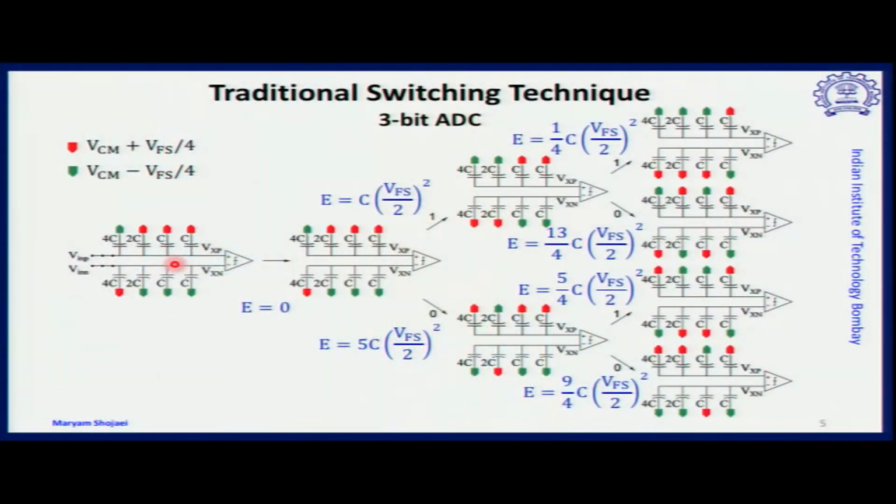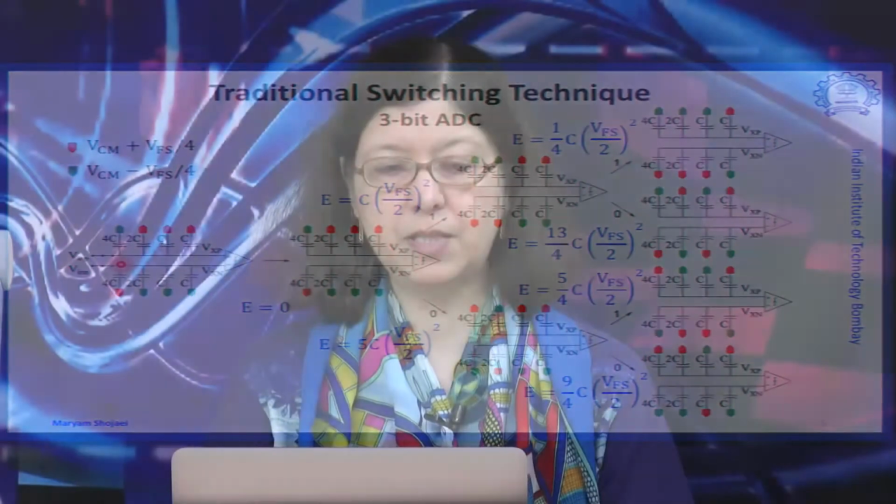Here, for example, we are looking at half of full scale at each site. Therefore, the V in P site is initialized in such a way that the MSB capacitor is connected to the negative supply, negative level, which is VCM minus V full scale by 4. When I say negative, it doesn't mean the absolute value is negative.